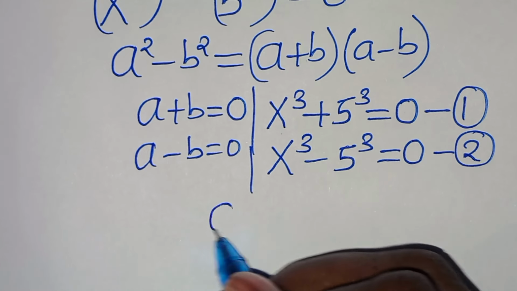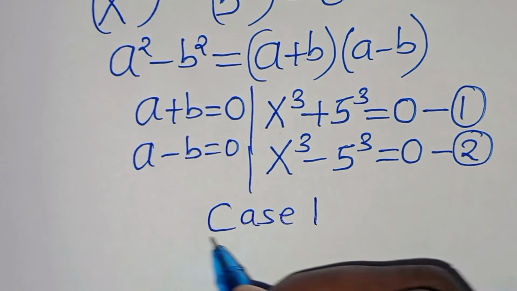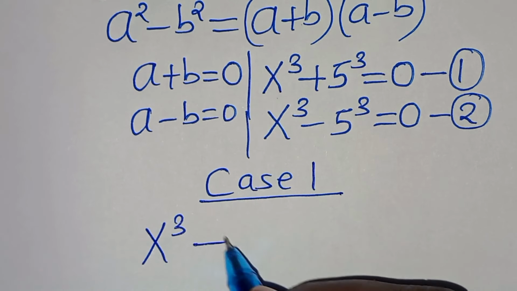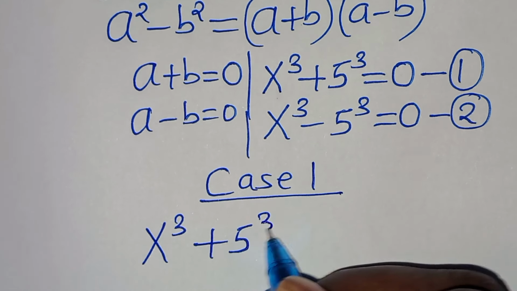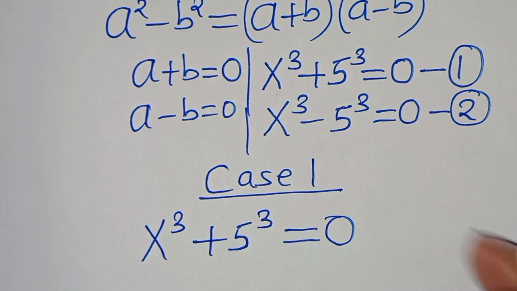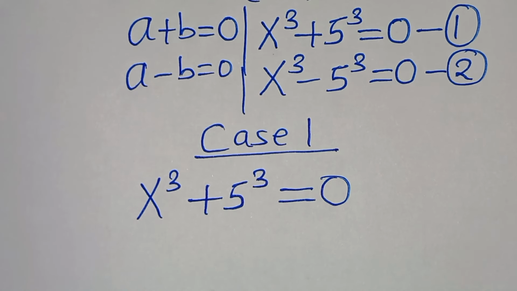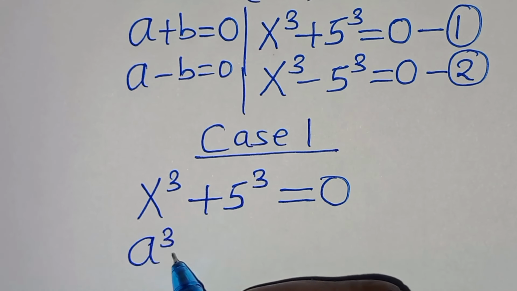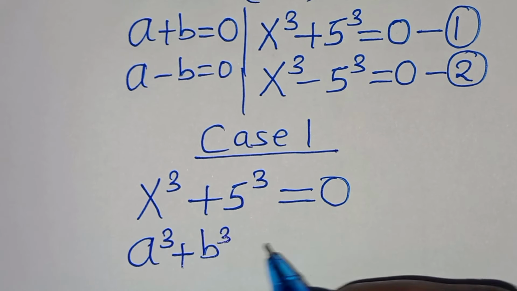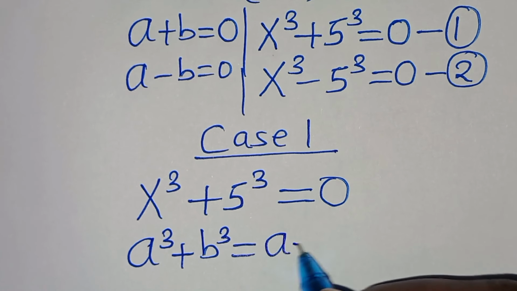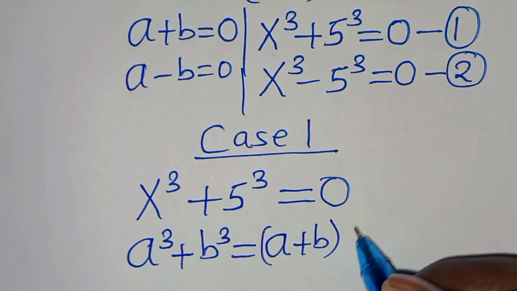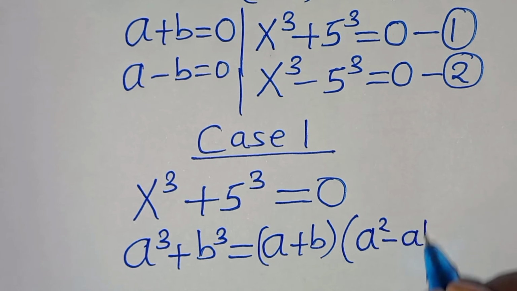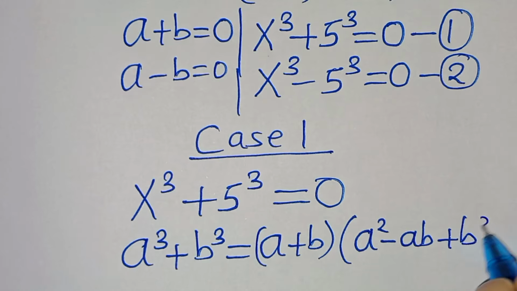So let's start with case 1, which implies we have x to the power of 3 plus 5 to the power of 3 equal to 0. This is the sum of two cubes, expressed as a to the power of 3 plus b to the power of 3, which we can express as a plus b, into the parentheses, a squared, subtract a times b, then plus b to the power of 2.